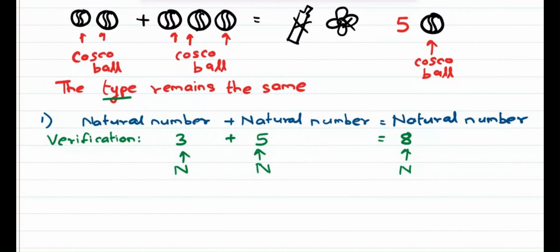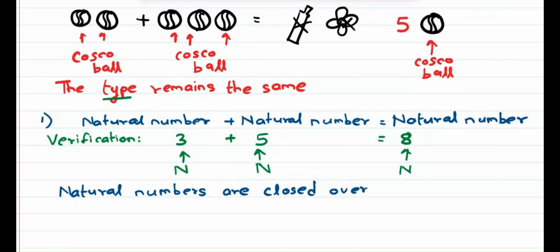So we can say that natural numbers are closed over addition. So this new word which we have figured out just now, closed, this is called closure property.